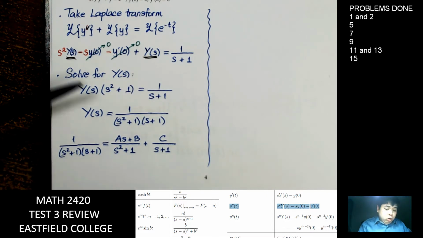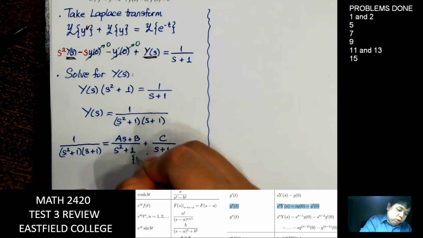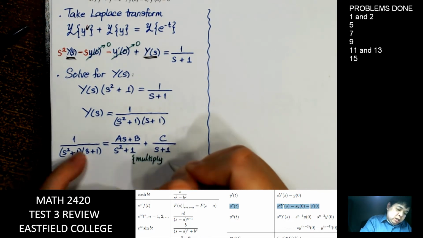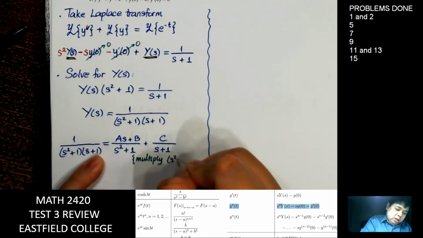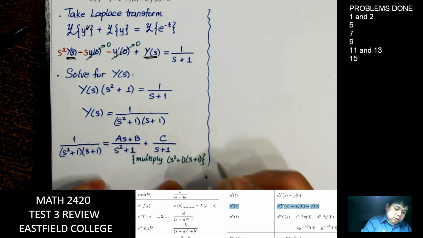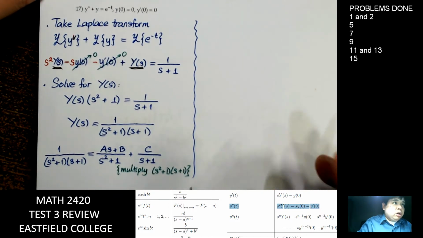Right, multiply both sides by the common denominator, (s squared plus 1)(s plus 1), and we'll continue over here.